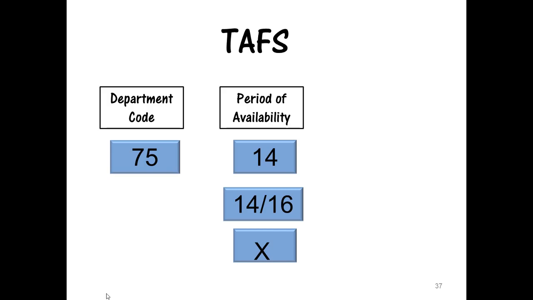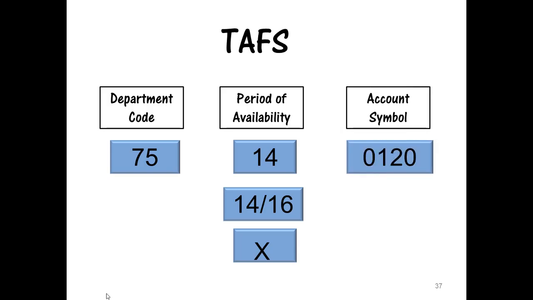A no-year period of availability is designated by an X. And a 4-digit account symbol which identifies the specific funding provided by Congress. This account symbol is also referred to as Treasury Main Code.